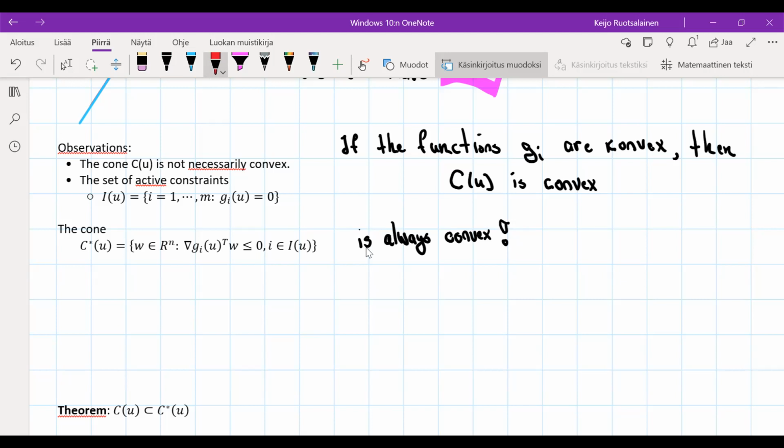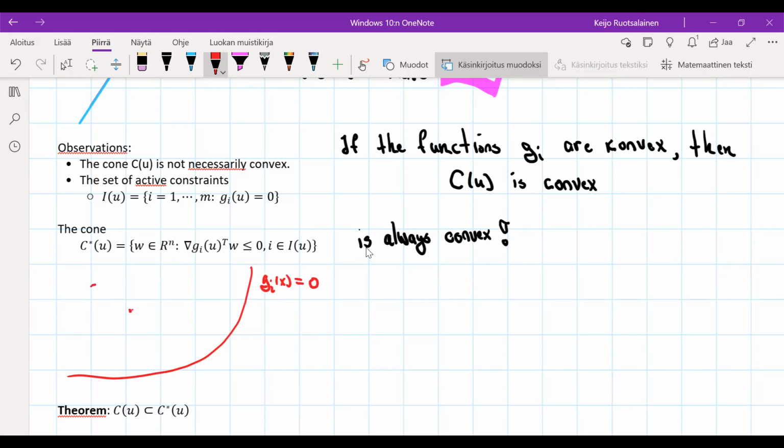We had here the boundary of our constraint set. Of course, if I take a point inside, then the cone of feasible directions is always the whole space. But if I take the gradient here, so on the boundary we have Gi x equals 0.